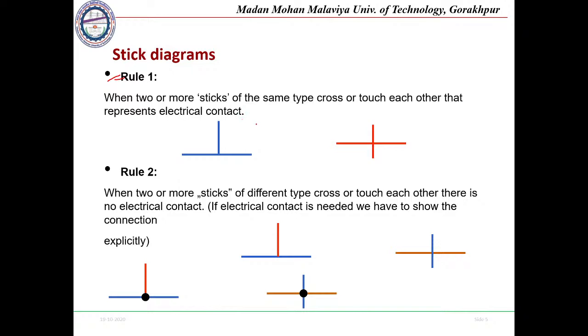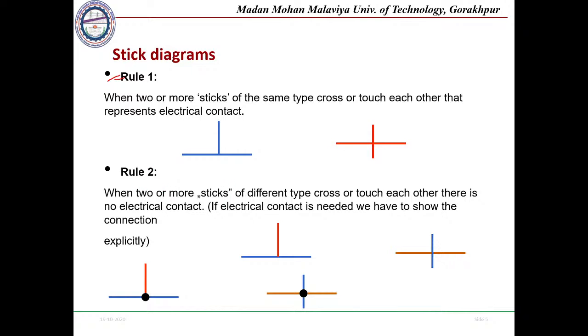So if two layers are being connected and crossing each other, it is represented by an electrical contact. If one line is here and one line is here and they touch each other, it shows an electrical contact, so these two lines are considered connected.